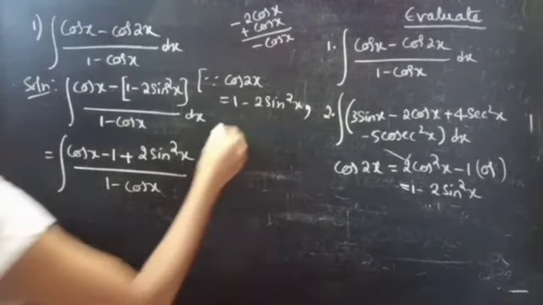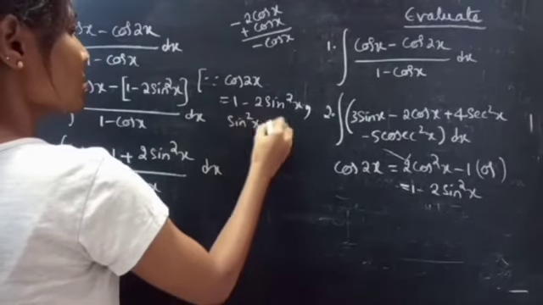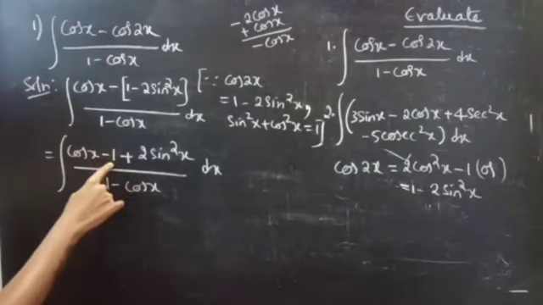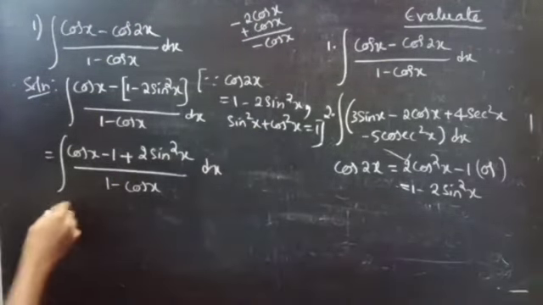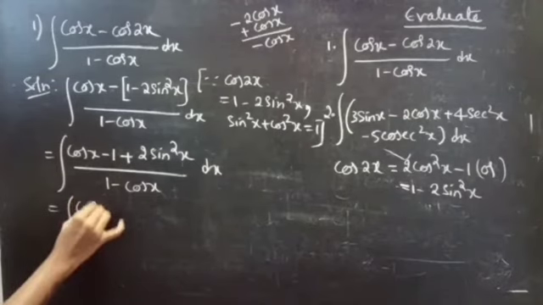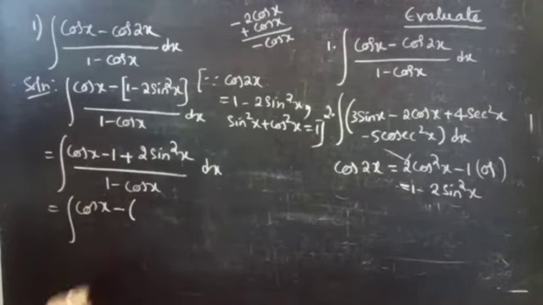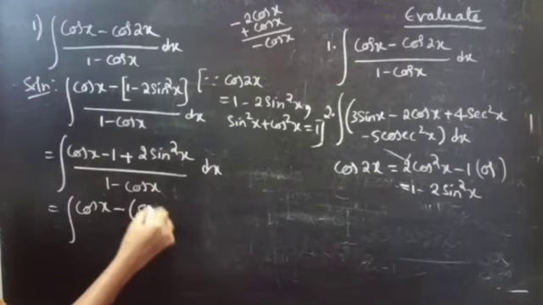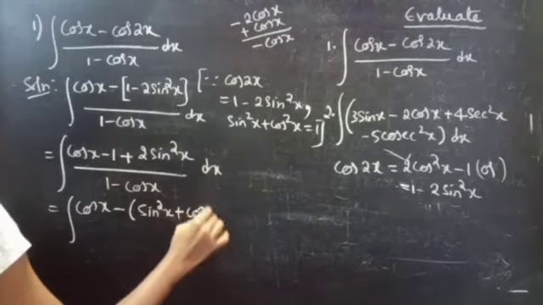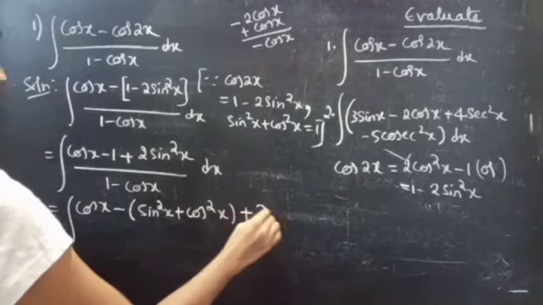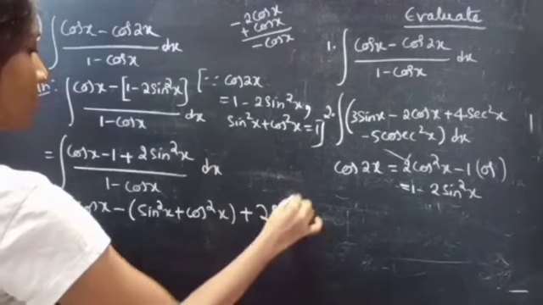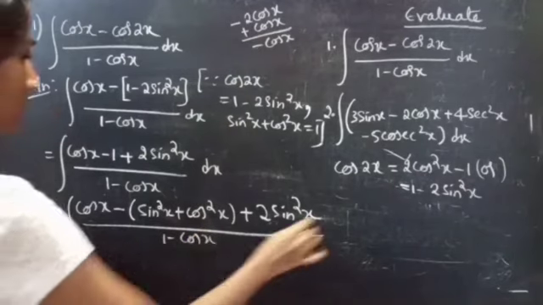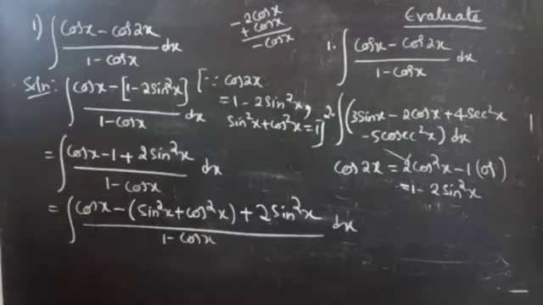Since we know that sine square x plus cos square x equals 1, now we can replace this 1 by sine square x plus cos square x. So you'll get cos x minus of sine square x plus cos square x, plus 2 sine square x, by 1 minus cos x into dx.